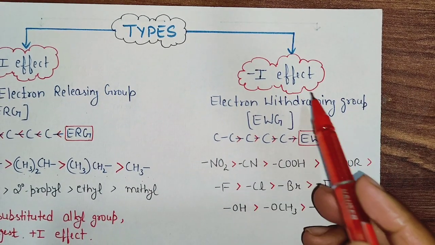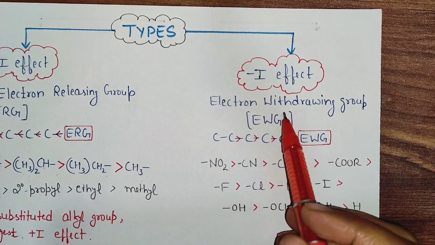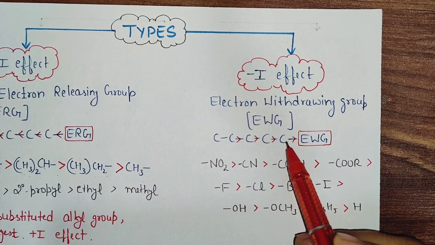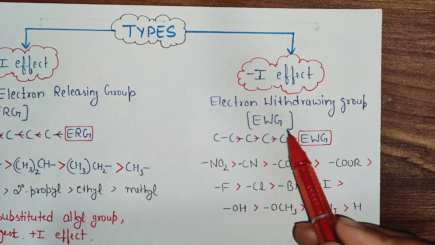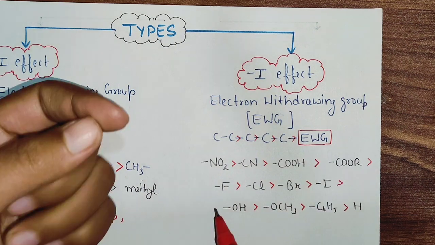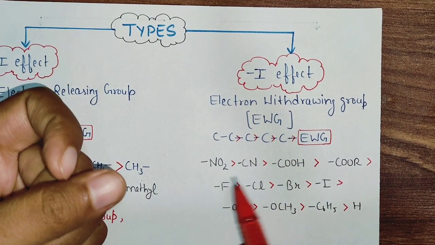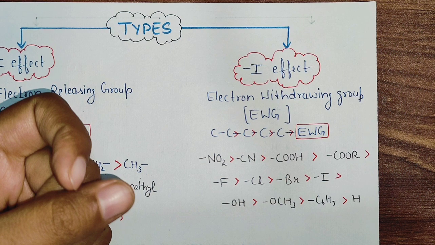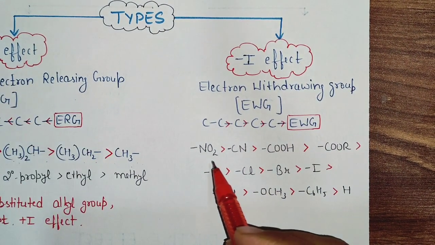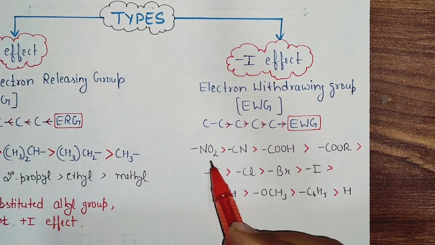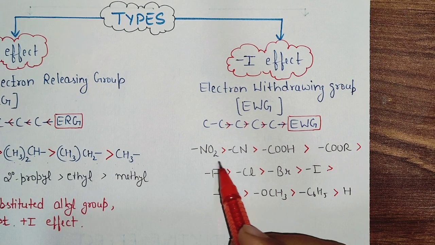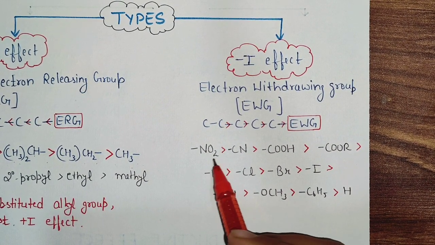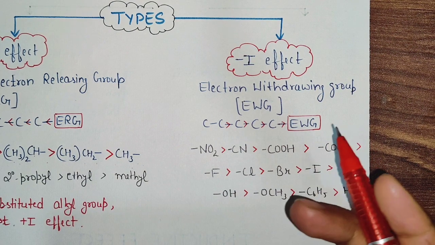Now, minus I effect. Whenever any electron withdrawing group is attached to the carbon, it will show the minus I effect. See, here is the decreasing order of some groups that are electron withdrawing in nature. First of all, the group with the maximum electron withdrawing nature is NO2, that is, the nitro group, and it shows the maximum minus I effect.